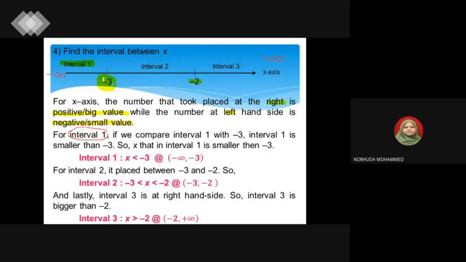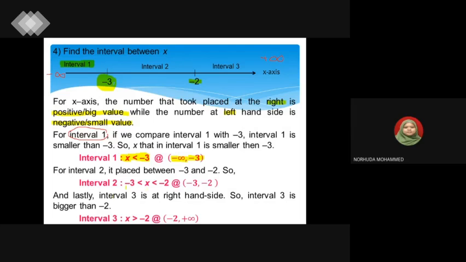As you can see, interval 1 is smaller than negative 3 because interval 1 sits on the left and negative 3 sits on the right. So for interval 1 we substitute x, less than negative 3. Or you can use brackets. Brackets are easier. On the left is negative infinity, on the right negative 3, for interval 1.